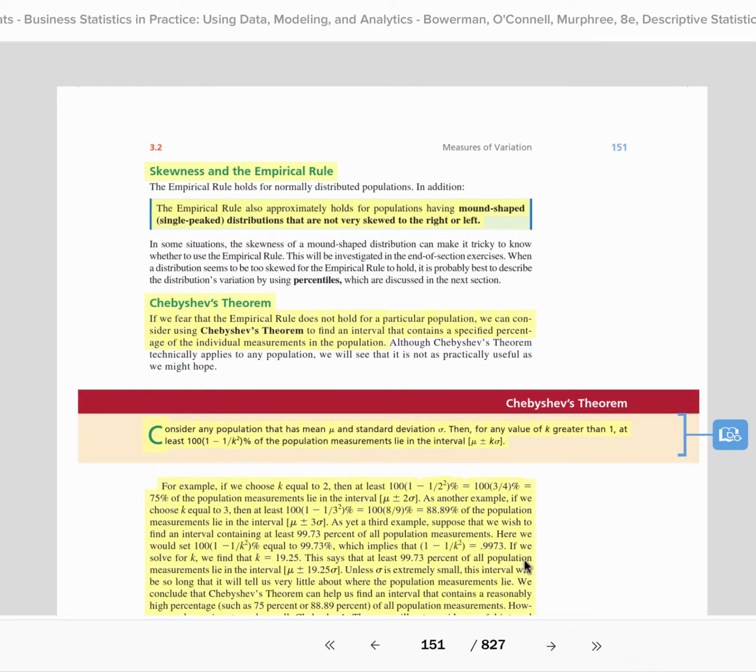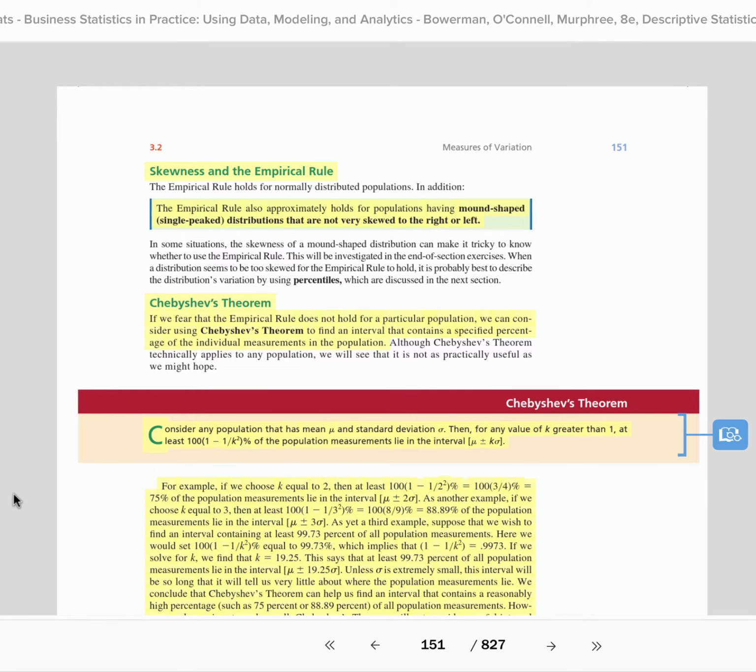There is a way to solve this problem by using another theorem, called Chebyshev's theorem, and it says the following: for any population that has a mean mu and standard deviation sigma, for any value of k greater than 1, at least 100 multiplied by (1 minus 1 over k squared) percent of the population measurements are concentrated there.